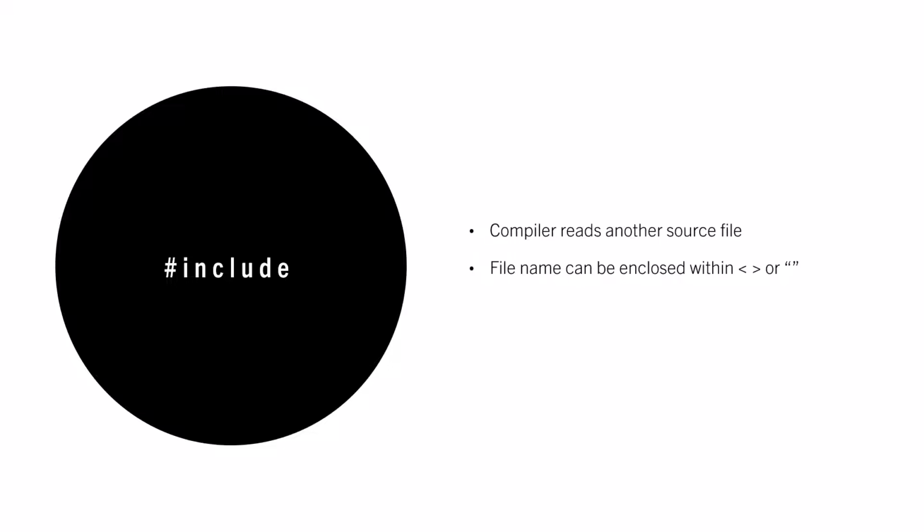If the file name is enclosed within double quotes, though, the search for the file will first happen within the current working directory, and if the file is not found there, then there'll be a repeat search conducted treating that file name as if it was enclosed within angle brackets, and therefore the search would happen within the special directory as indicated by the creator of the compiler.